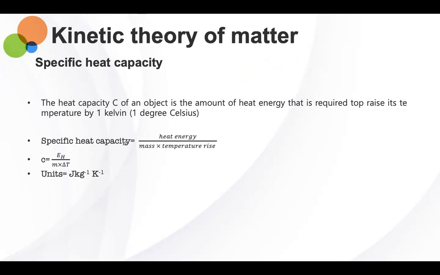Now specific heat capacity. There's an error here again. It is essentially the amount of energy required to raise the temperature of 1 kilogram of an object by 1 Kelvin.